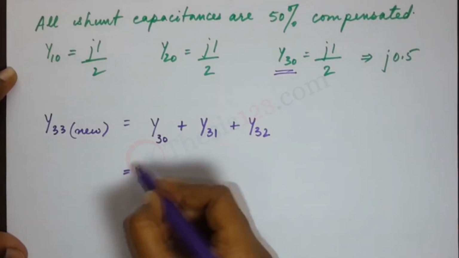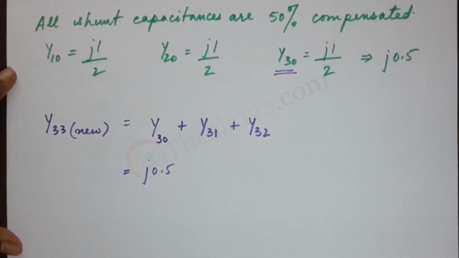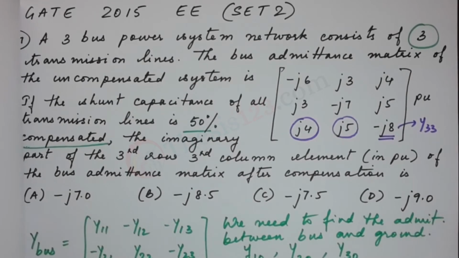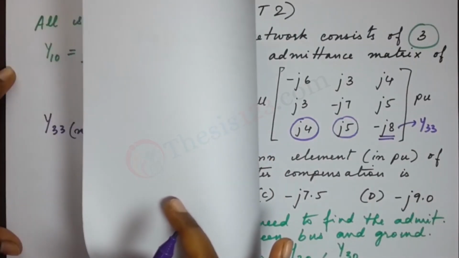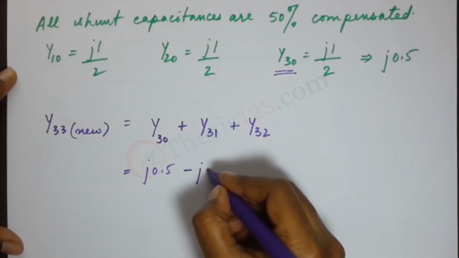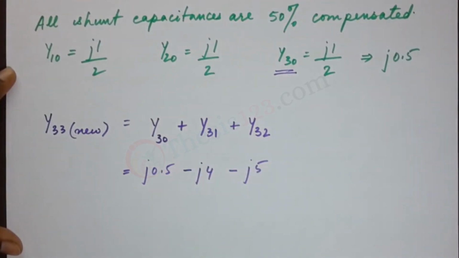So let's put that down here: J0.5. Here you will have to be very careful, because if you notice the Y bus that we have written down below, the diagonal elements are positive while all the rest of the elements are negative, which means we will have to consider J4 and J5 as negative. So that's a negative J4, negative J5.